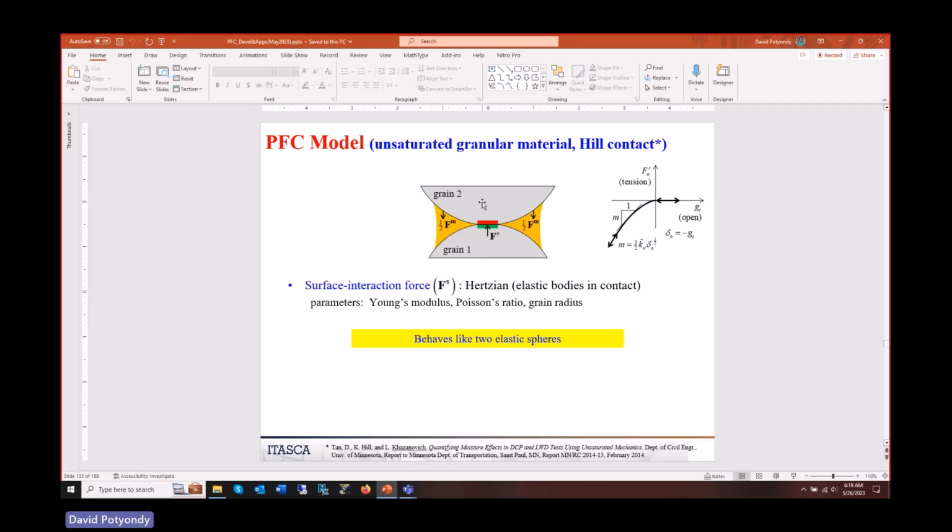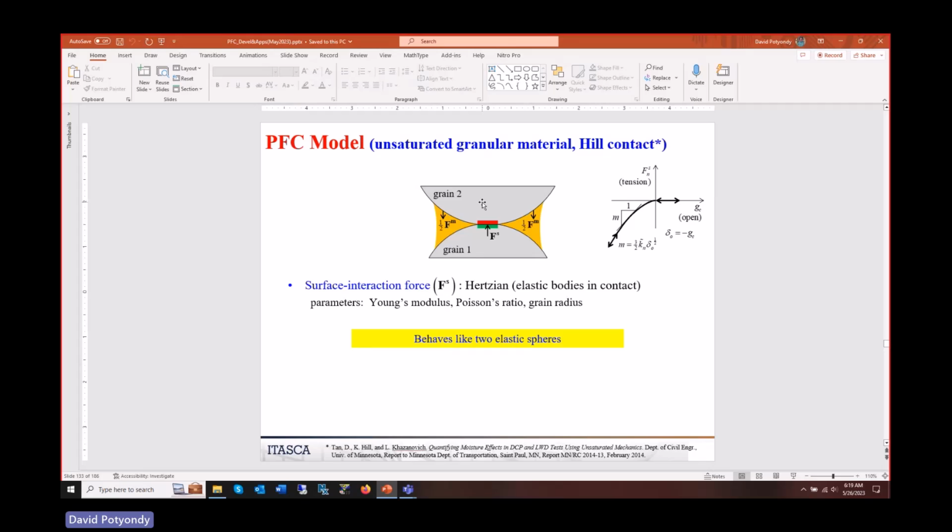Think of this kind of like if you had the moon and the earth, and you slowly squeeze together the moon and the earth. There would be an overlap, a disc-shaped area. It would be on the order of hundreds of meters compared to the radius, which is enormous. That's the kind of scale you want to think about.